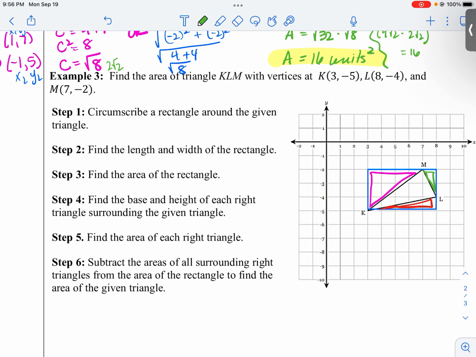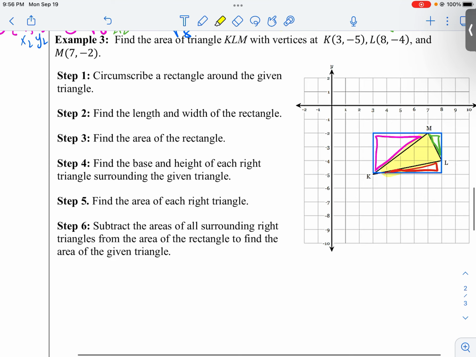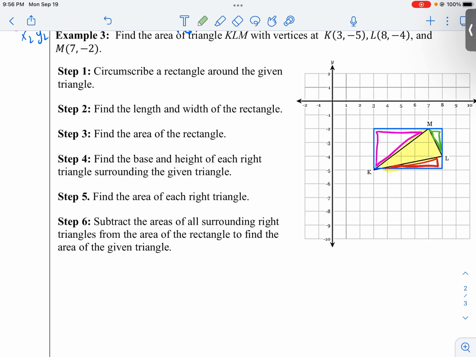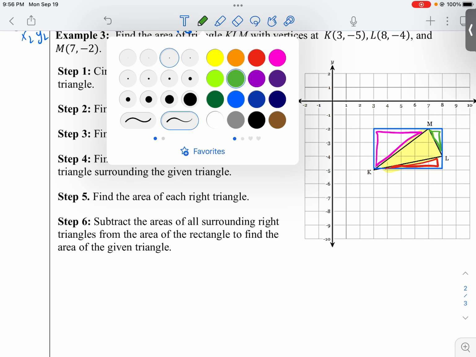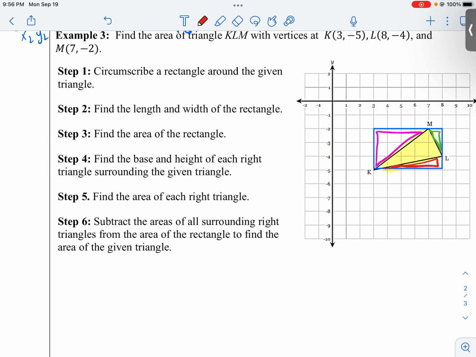And what we're going to do is find the area of the rectangle, subtract all the colored ones out, and that's going to leave us with our original highlighted shape. Okay? So let's do some counting. First, we start with the idea that the rectangle is 3 by 5. So the area of the rectangle is 3 by 5.